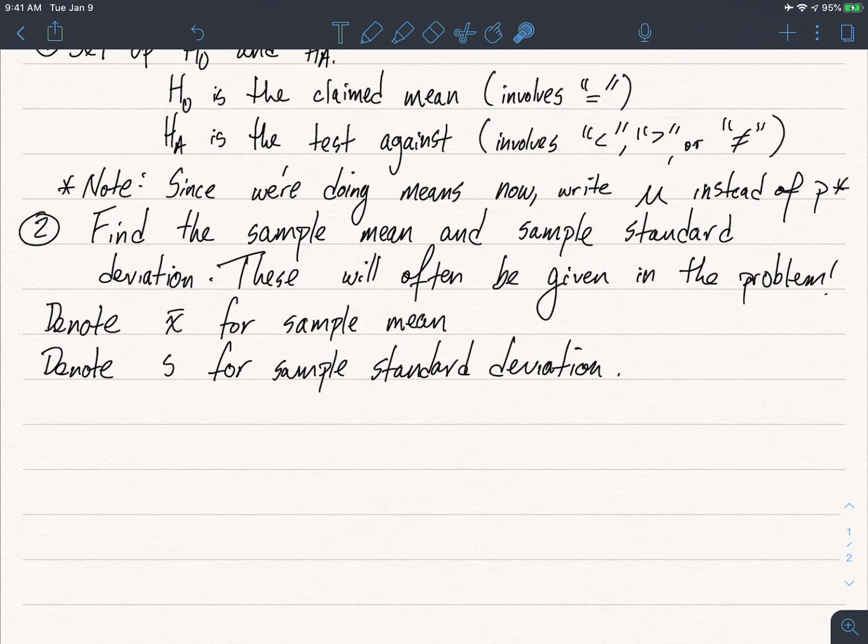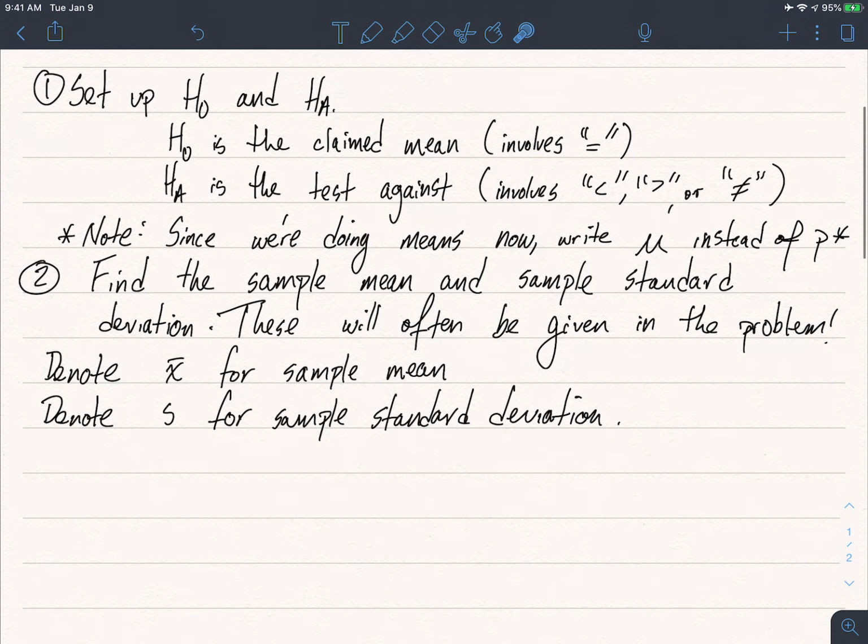And to find a sample standard deviation, we know how to do that too, right? You find the mean first, then you take each value minus the mean squared, add those all up, divide by n minus 1, take the square root of that, right? We know how to calculate these on our own from chapter 3. But I said in the confidence interval section, where you need these two things, I'm not going to make you calculate them because a lot of you have already shown that you know how to calculate mean and standard deviation by hand. So a lot of times they'll be given in the problem.